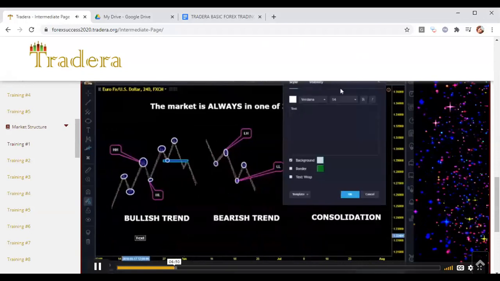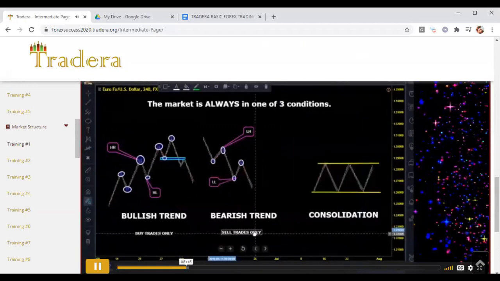Consolidation means that price is not making any higher highs or higher lows. It's not making any lower lows or lower highs. You see how it's just going sideways. It's not going up, it's not going down.